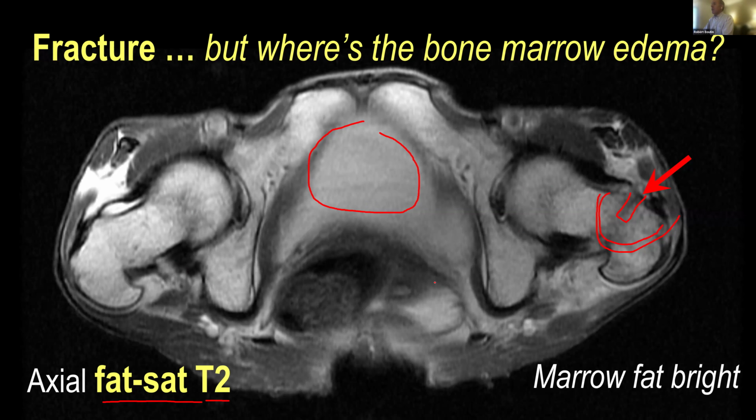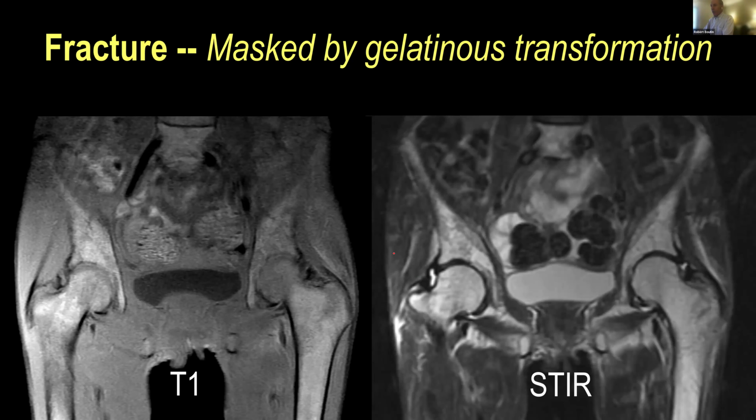So the marrow's bright, which is not normal. On a T1 weighted image, like we see here, the marrow should be bright, but it's dark, and things flip-flop on the STIR images. Normally, the marrow should be dark, but here it's bright.